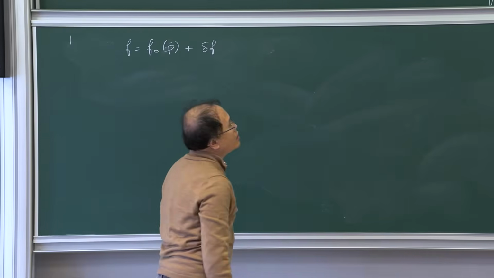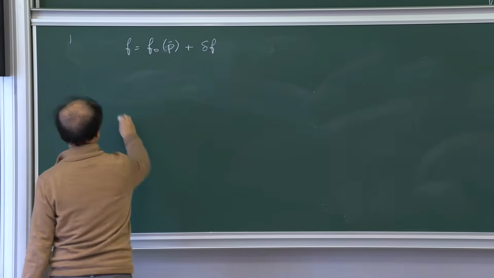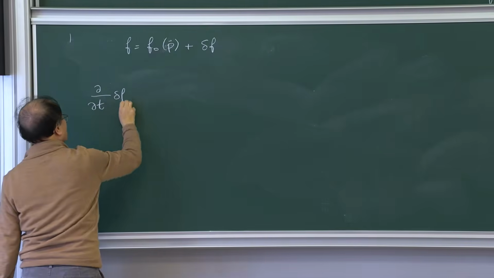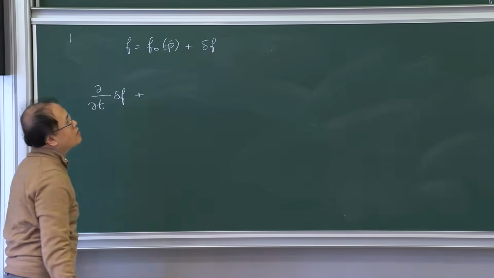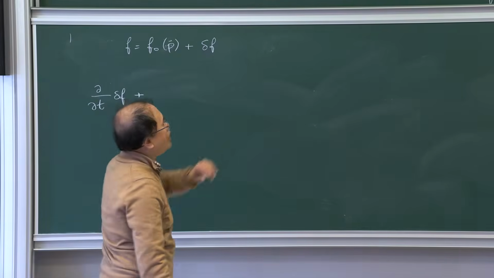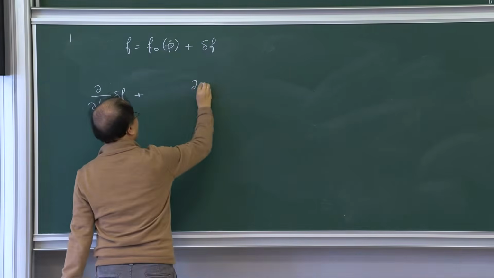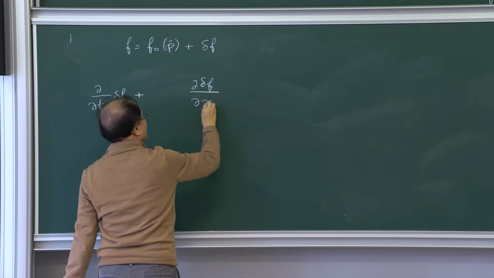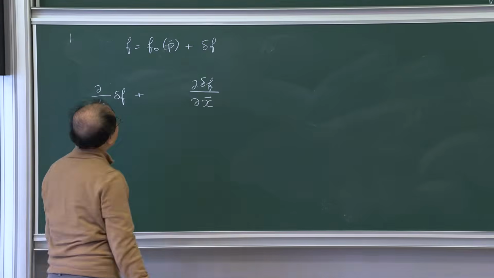The equation of motion becomes the following: d over dt of delta f plus x dot times d delta f over dx, because f0 doesn't depend on x.